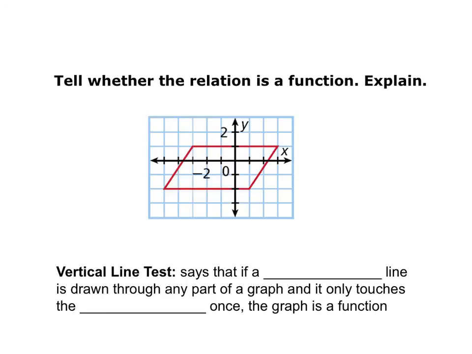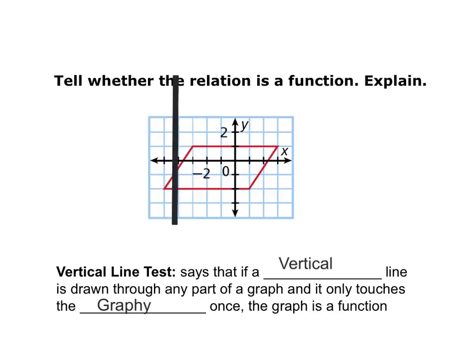And this says that if a vertical line is drawn through any part of a graph and it only touches the graph once, the graph is a function. So what do I mean by that? If I go ahead and I draw a vertical line, okay, and I'm going to take that line and I'm just going to drag it through.